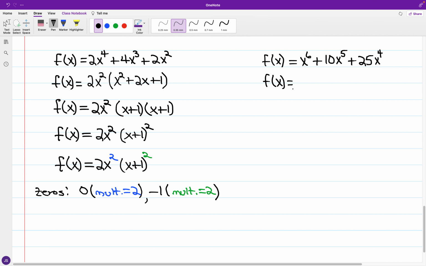Now for the second function, just like the first one, we have expressions in x throughout. The greatest common factor is going to be limited to the lowest degree appearance of x, so we're going to have an x to the 4th. Factoring, x to the 4th will go into this original trinomial, x squared plus 10x plus 25, times.